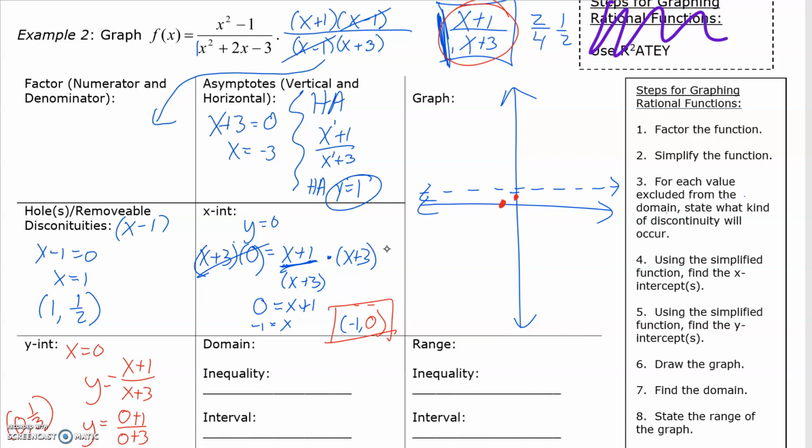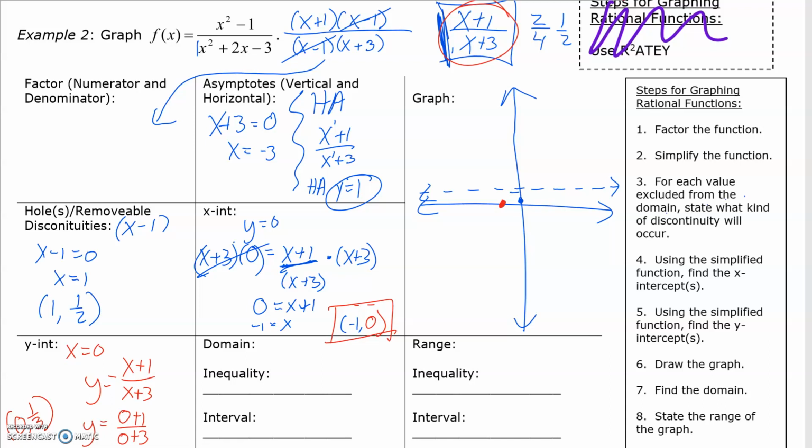That's not right. Hold on. So we have 1, and then 1/3 would be the y-intercept, which is going to be really close to here. We also need to talk about that vertical asymptote.